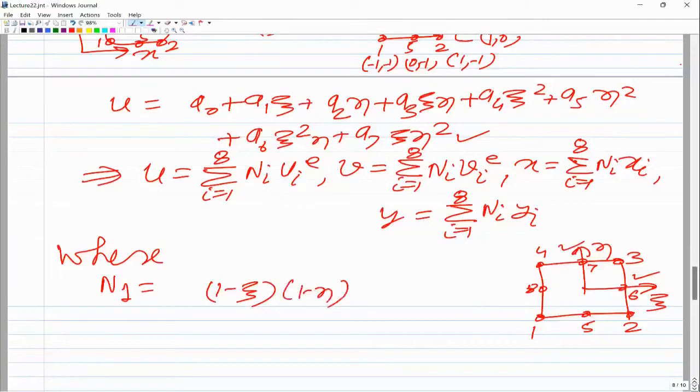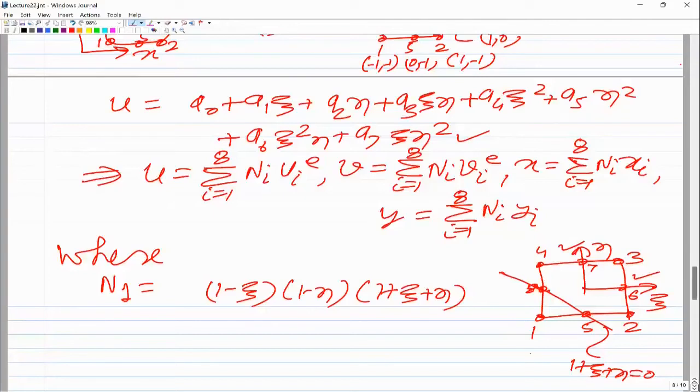So I take that equation, and then nodes 8 and 5 have to be covered. For that we have to take the minimum number of lines. So we take this line, and the equation of this line would be xi plus eta equal to -1 or 1 plus xi plus eta equal to 0. So we take that equation, 1 plus xi plus eta, and then we have to make sure that this shape function N1 is unity at node 1.